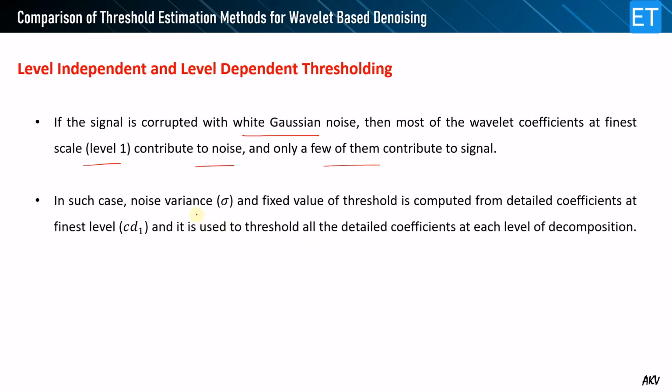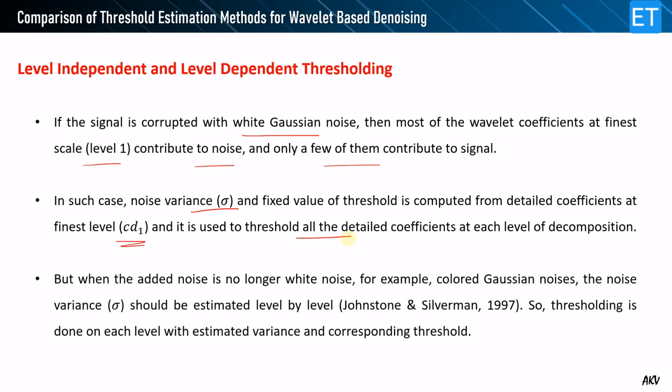In such a case, the noise variance and a fixed value of threshold is computed from the detailed coefficients at the finest level, I mean from the CD1 only, and this threshold is applied on all detailed coefficients at each level of decomposition. So that is one scheme when your signal is corrupted with white noise.